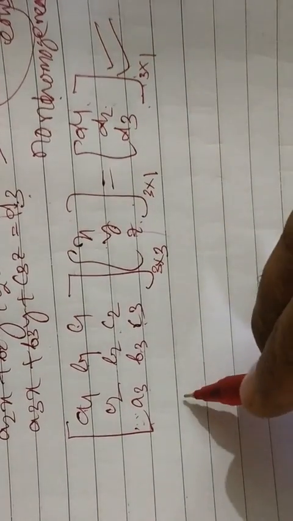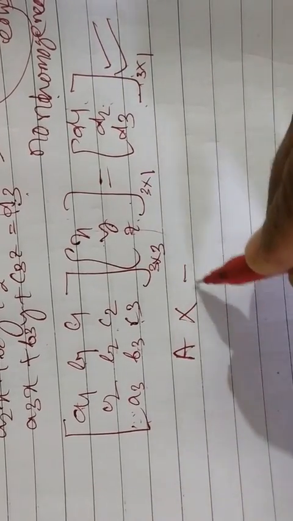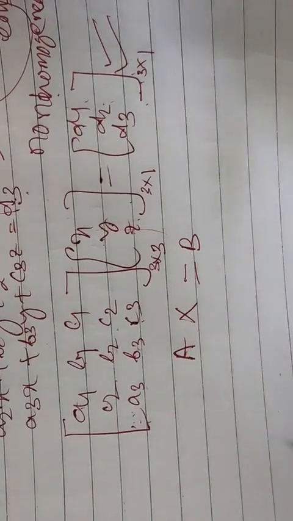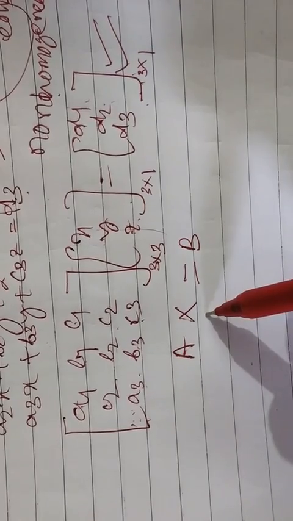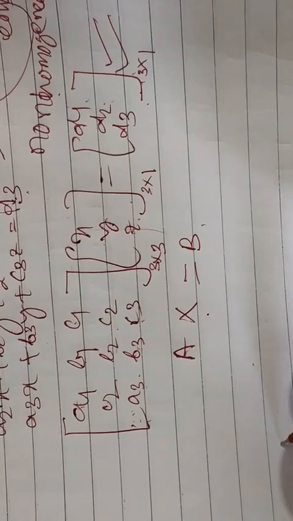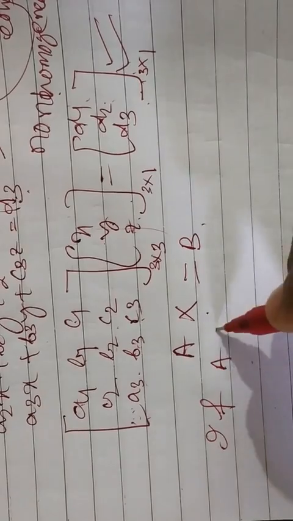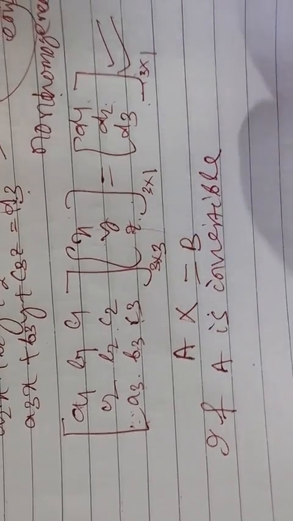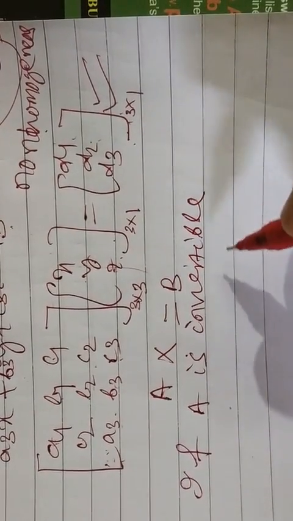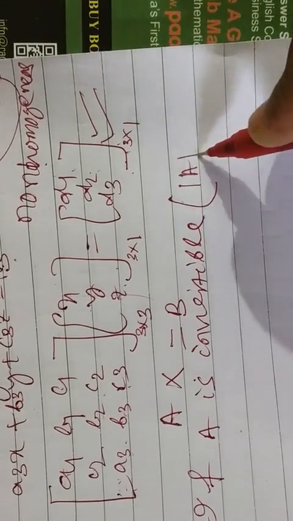Now I can write this system using symbols AX equal to B, where A is the matrix of coefficients, X is the matrix of variables, B is the matrix of constants. If A is invertible, that means it has an inverse. When will A be invertible? If the determinant of A is not equal to 0, that is, when it is non-singular.